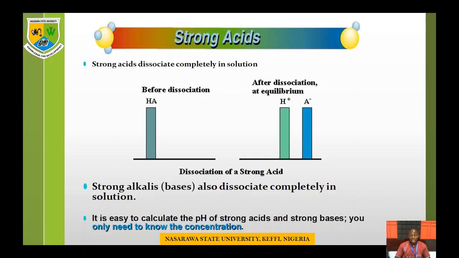So any acid that does not dissociate or ionize completely in solution is not a strong acid. Likewise, any alkali that does not dissociate completely in solution is not strong. So it is easy to calculate the pH of strong acids and strong bases. All you need to know is the concentration of the acid or the base.